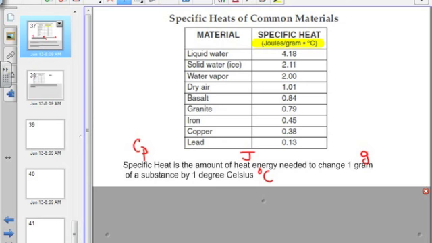Now, what we see from the table and the numbers that are listed here, different materials, different numbers, we see that each material heats differently.